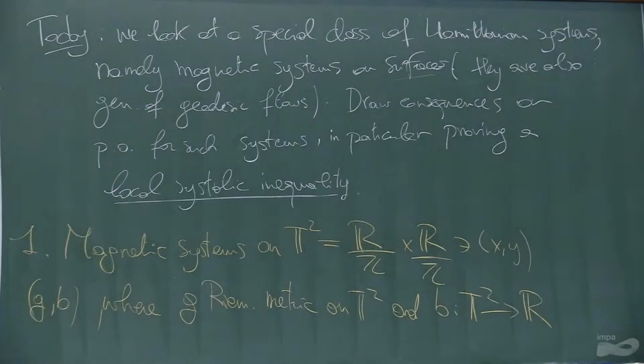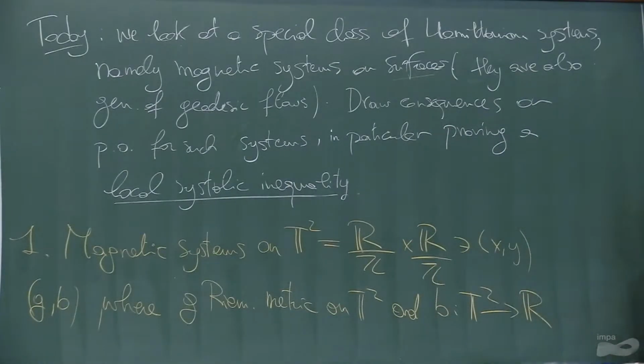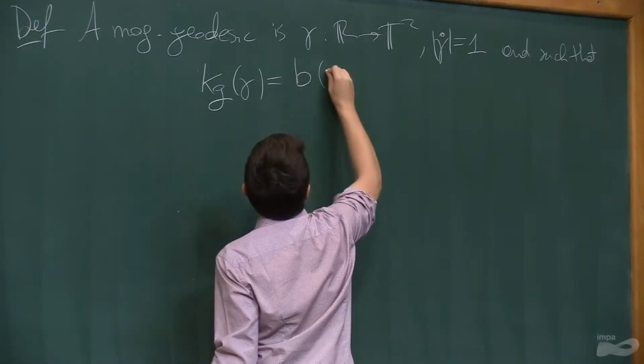And having such a pair, I can define a dynamical system in the following way. A magnetic geodesic is a curve gamma from R into the 2-torus, which is parametrized by arc length, and such that the geodesic curvature of gamma is equal to B at the point gamma.